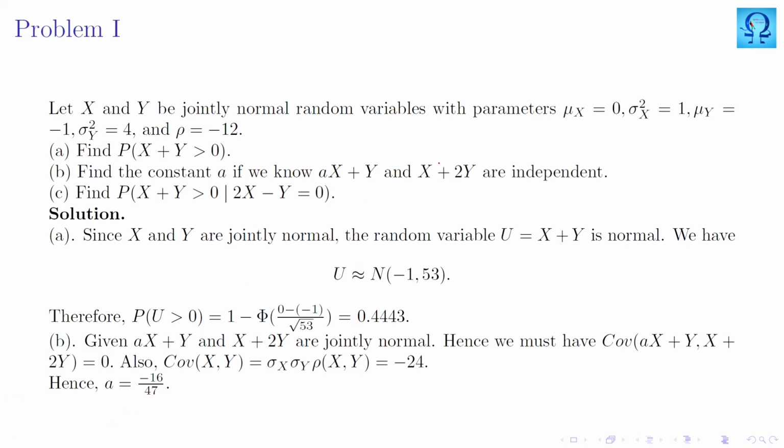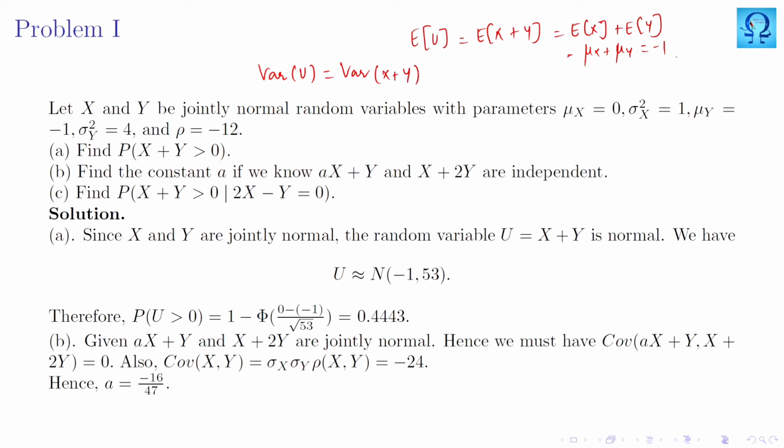Using the law that expectation of u is expectation of x plus y, which is nothing but expectation of x plus expectation of y. That is simply, sorry, mu x plus mu y. That is minus 1. Okay, and variance of u is variance of x plus y.